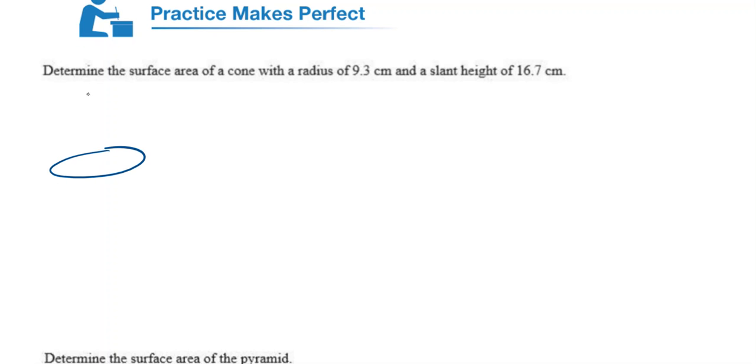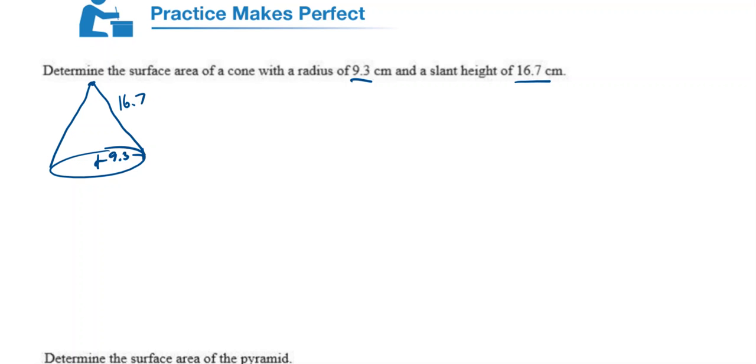So draw an oval, point, connect the sides, and then let's fill this in. It tells us that the radius is 9.3. Well, that would be this, right? This is 9.3 from there to there. And the slant height of 16.7, so that means this is 16.7 centimeters.